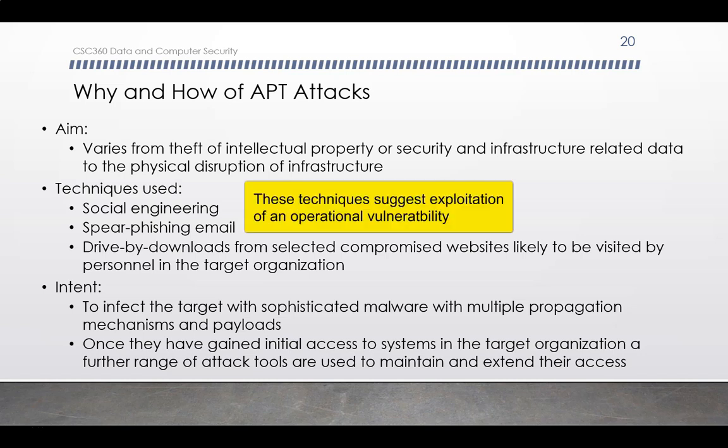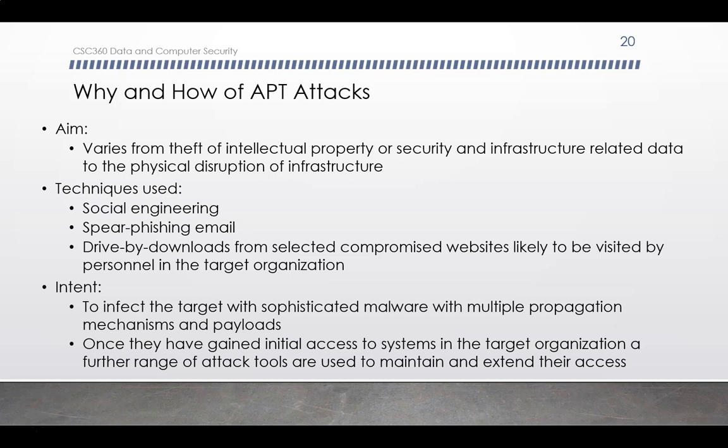The techniques used to initiate such an attack would be social engineering, spear phishing email, or drive-by downloads. The idea is that the attacker must somehow get their malicious software into the system or gain access to the system. The intent is to infect the target with sophisticated malware with multiple propagation mechanisms and payloads.